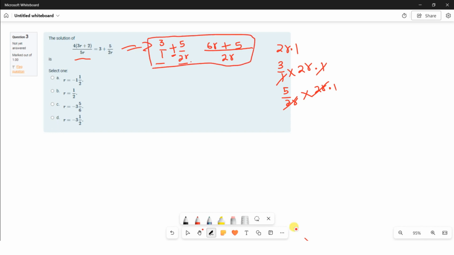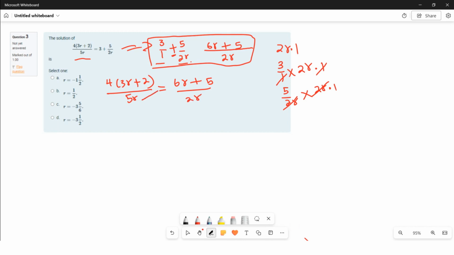As your second step, you'll have 4 multiplied by 3r plus 2, over 5r, is equal to, and then you write this term here, 6r plus 5 over 2r. When you have something like this, to get rid of the fractions you need to cross multiply.